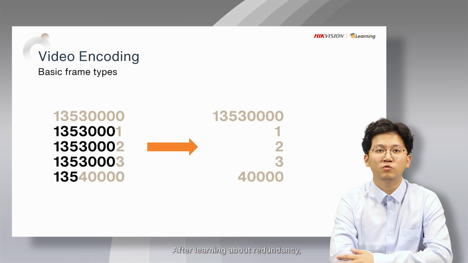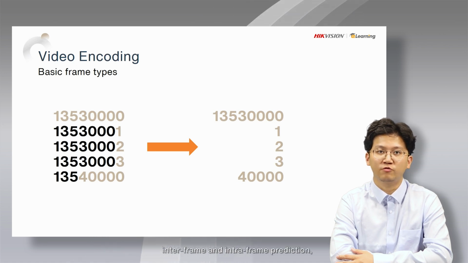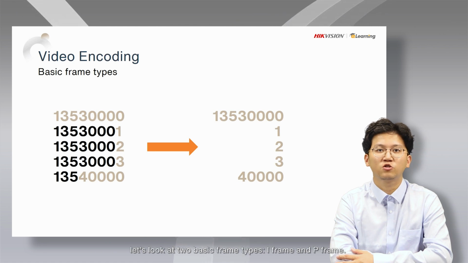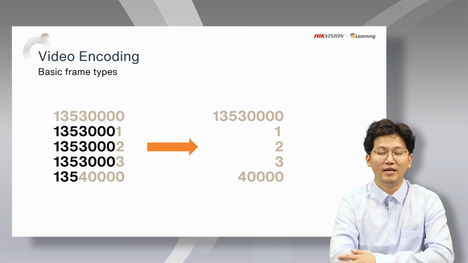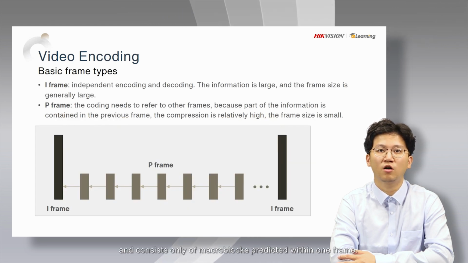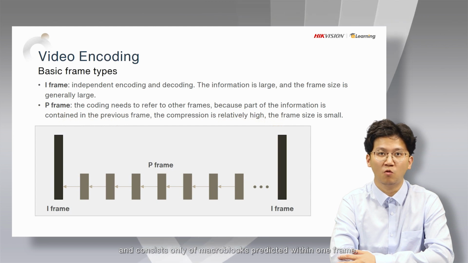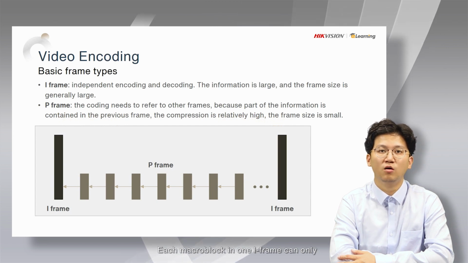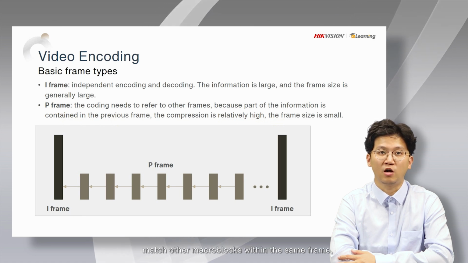After learning about redundancy, interframe, and intraframe prediction, let's look at 2 basic frame types, I-frame and P-frame. An I-frame is also called a key frame, like I said, and consists only of macroblocks predicted within one frame. Each macroblock in an I-frame can only match other macroblocks within the same frame. Okay?